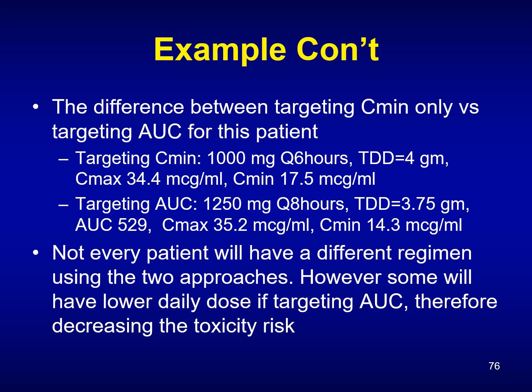If we're targeting AUC, our regimen is slightly less aggressive, at 1250 milligrams every 8 hours, with a total daily dose of 3.7 grams, but still providing us a therapeutic AUC of 529, Cmax of 35.2, and a Cminimum of 14.3. Now, not every patient will have a different regimen when using the two different dosing approaches, dosing to target Cminimum or AUC. However, some of the patients will have a lower daily dose when targeting AUC. Therefore, in these patients, they will theoretically have a decreased toxicity risk.